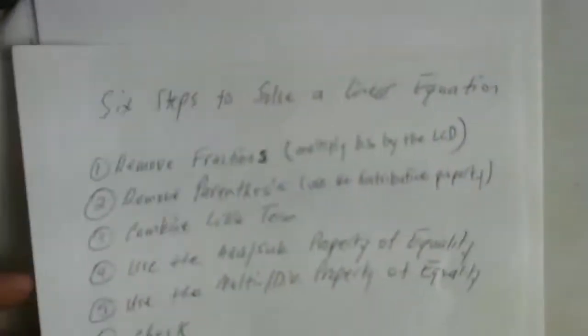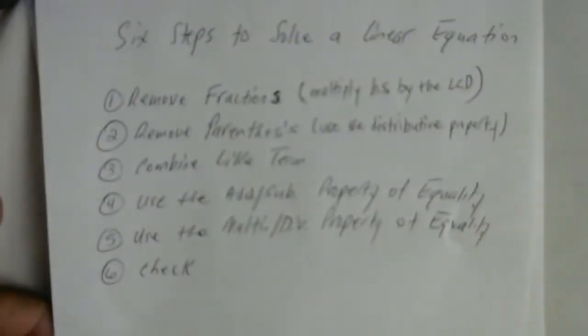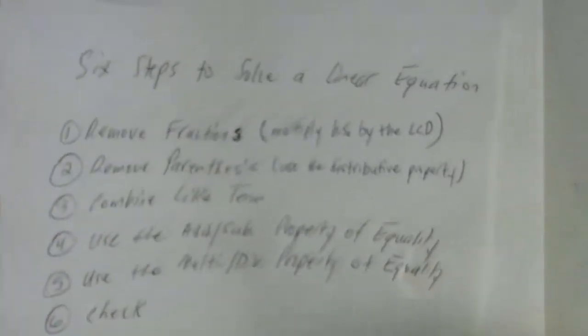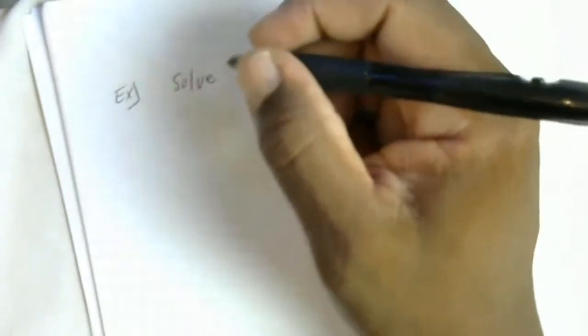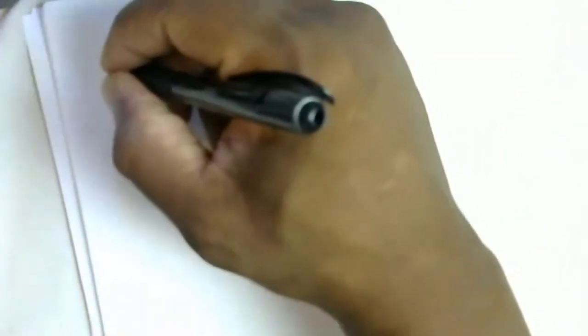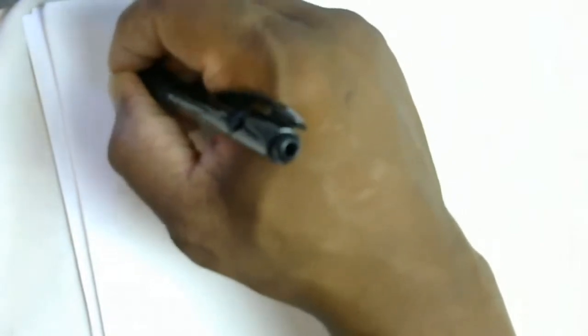All right, so let's take a look at solving some linear equations using the 6 steps. So for this first example, we will solve, and this is actually similar to 1.5 problem number 3.